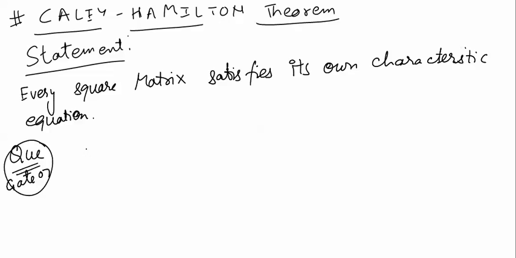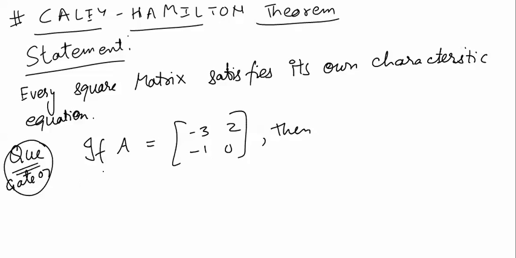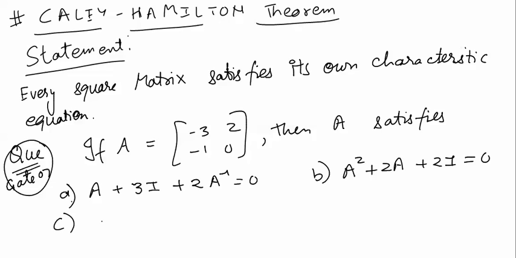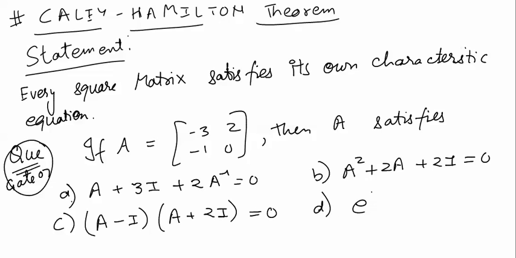The question says, if A is equal to [-3 2; -1 0], then A satisfies: option A, A plus 3I plus 2A inverse equals 0; option B, A square plus 2A plus 2I equals 0; third option, (A minus I)(A plus 2I) equals 0; and the fourth option, e raised to A is equal to 0. So these were the four options given to you.